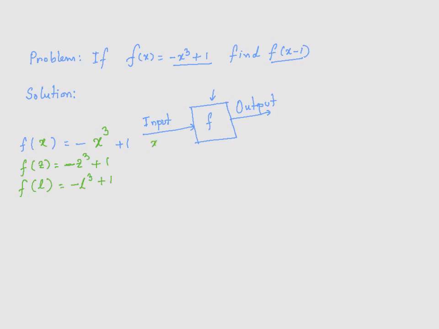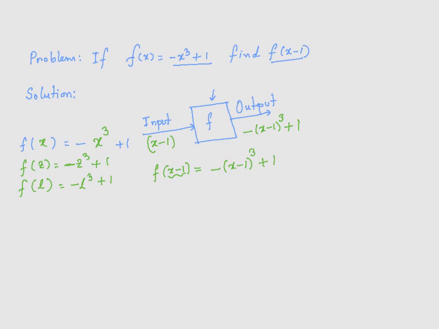What if I were to give it x minus 1? It's going to take the input x minus 1, cube it, multiply it by negative 1 and then add 1 to the result. So my f of x minus 1 is going to be: x minus 1 is the input, it's going to cube the input, multiply it by negative 1 and add 1 to the result.